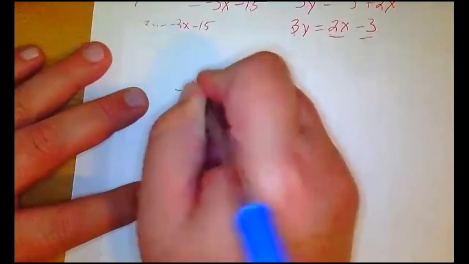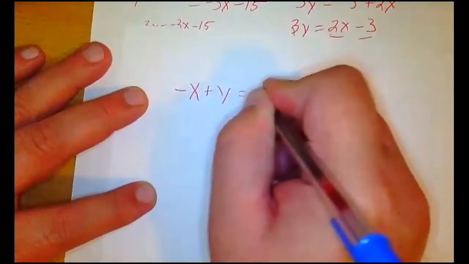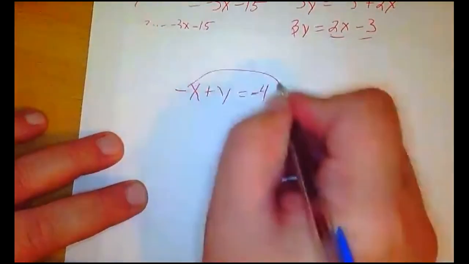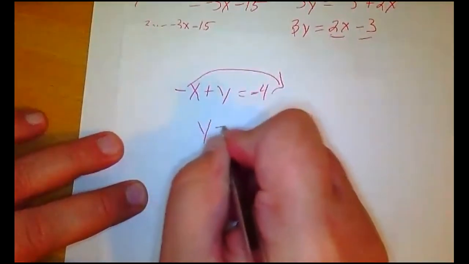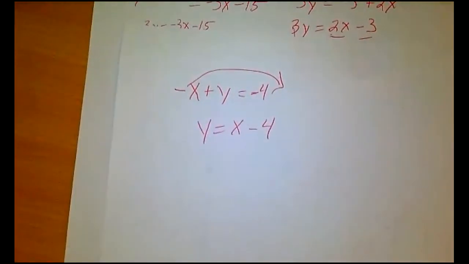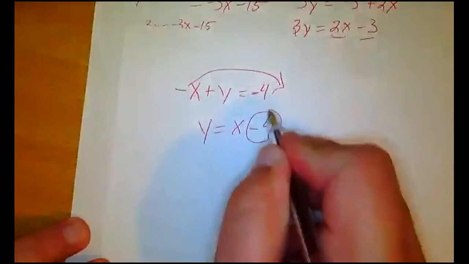See, when I have that negative x plus y equals -4, right? I'm going to move that x over, and it's going to become positive, and I'll get y = x - 4. So the y-intercept for this question is going to be -4, right? Because that's the number that's right here.